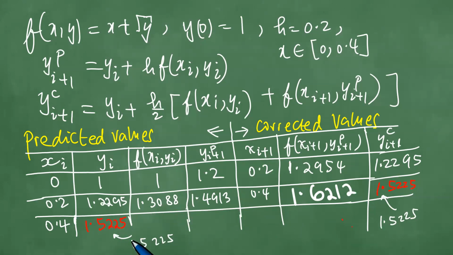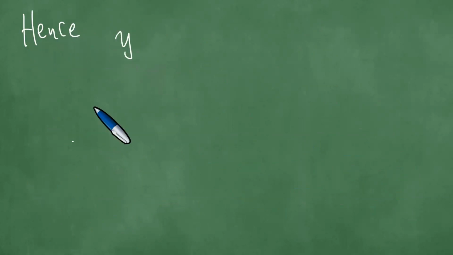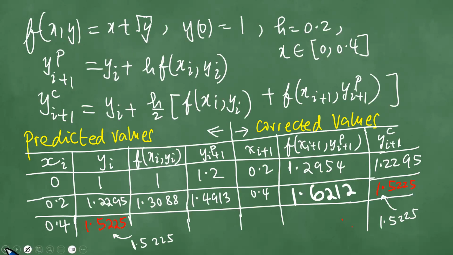But yes, this becomes the answer. But most importantly, we say hence. So this is y0, y1.